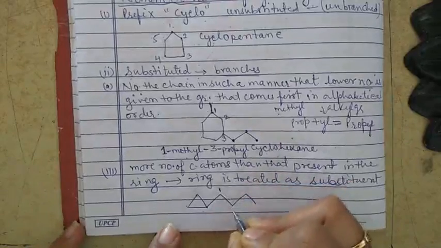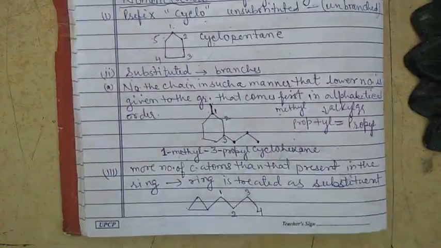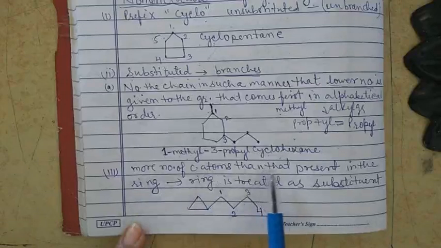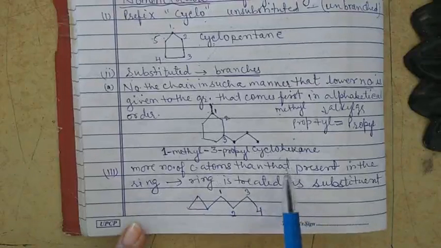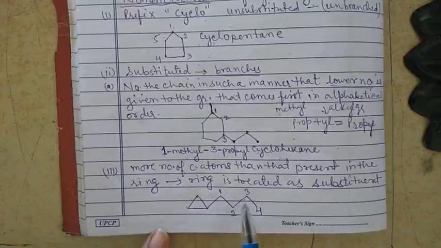If the condition is like this and we have such a type of side chain, now the side chain contains 1 carbon atom, 2, 3 and 4 carbon atoms. Now come to the rule: more carbon atoms are present than in the ring. In this ring only 3 carbon atoms are present, but in the side chain how many carbon atoms are there? 1, 2, 3, 4.